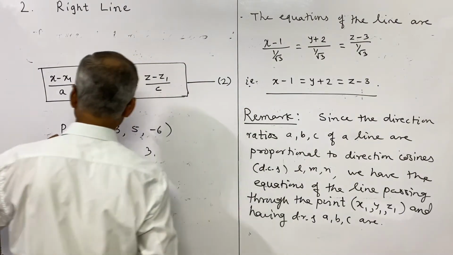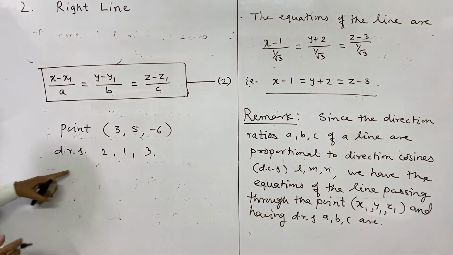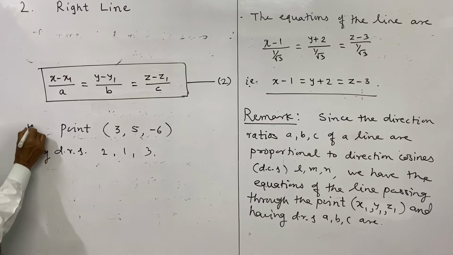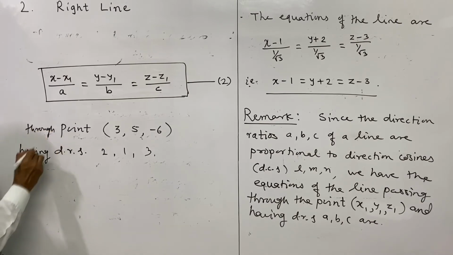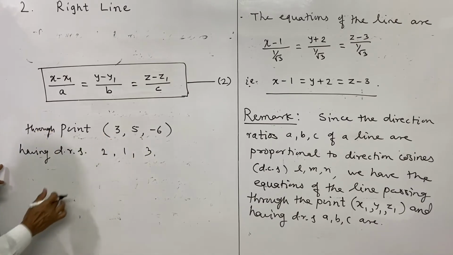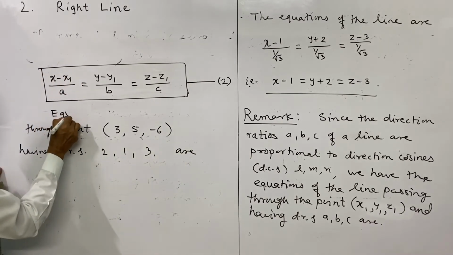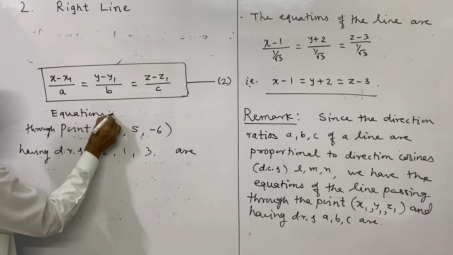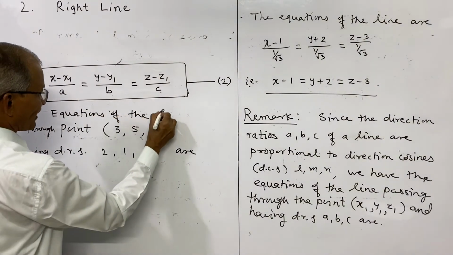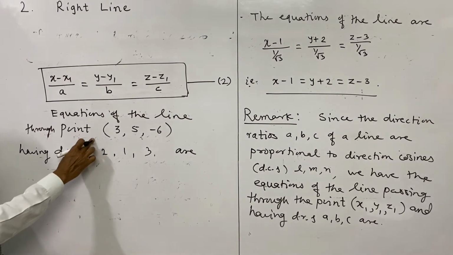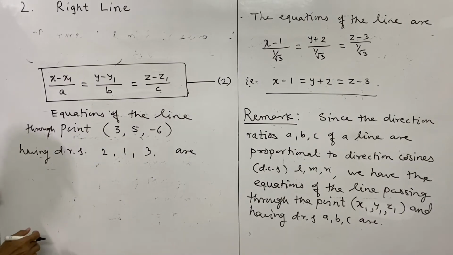So the equations of the line passing through this point and having these DRs are given by this.